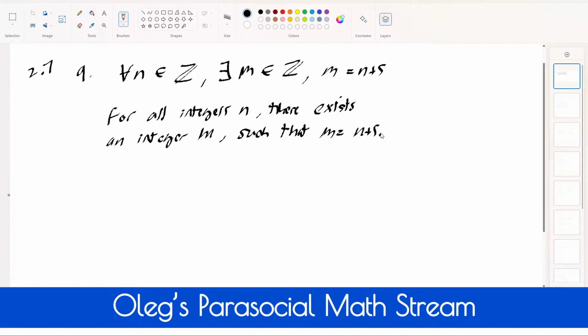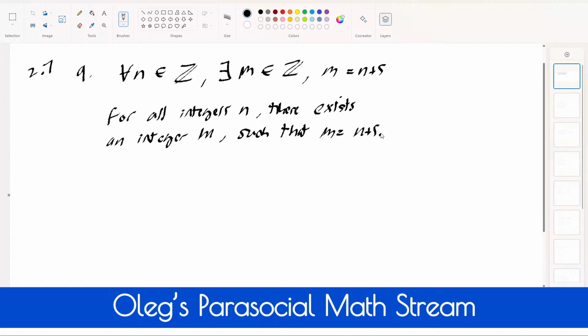That's all it's trying to tell us. Is it true that if you take any integer you could think of, so let's take -1, you add 5 to it, will you get another integer? Yeah, you will. It'll be 4. If it's 0, we get 5 back.